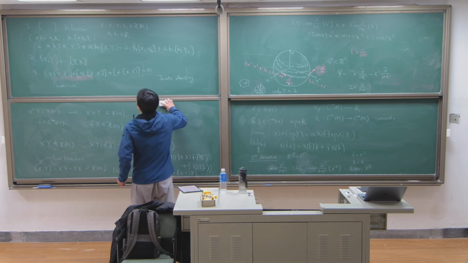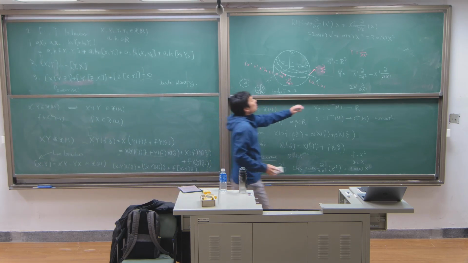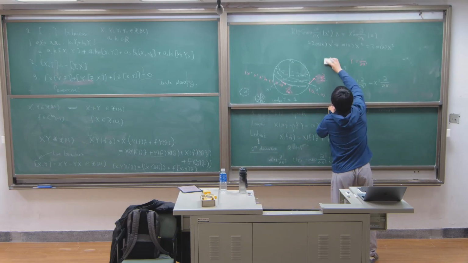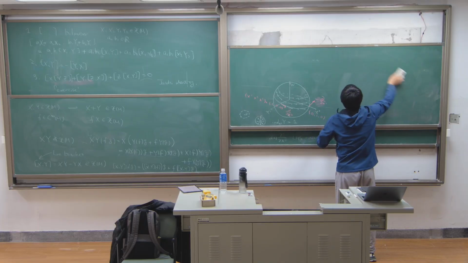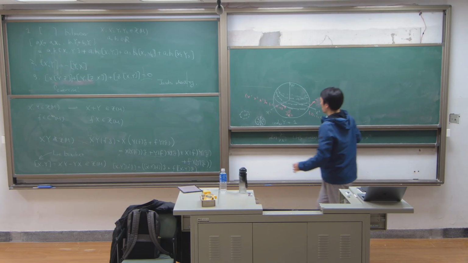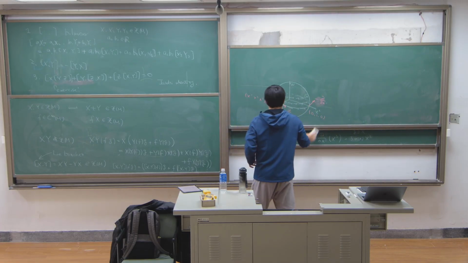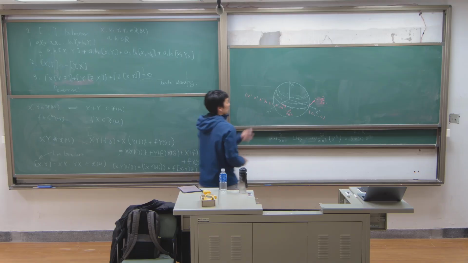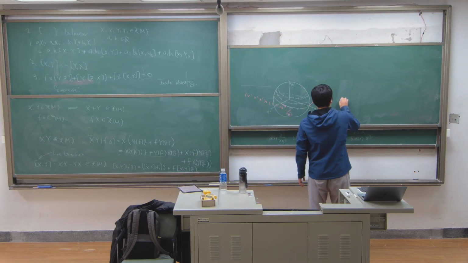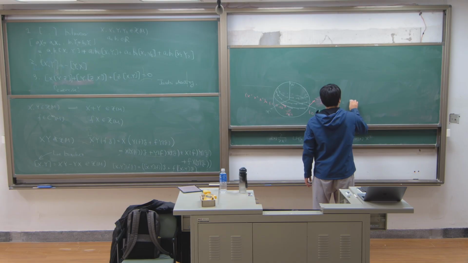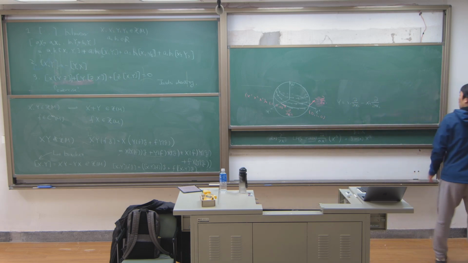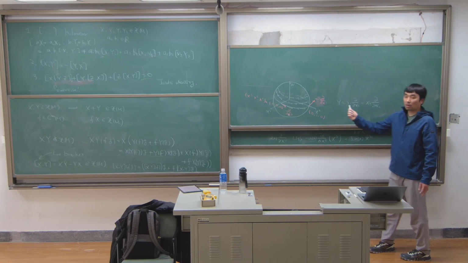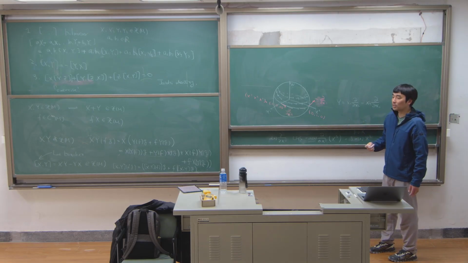For instance, this one is the vector field along S2, and then what is the flow of this?